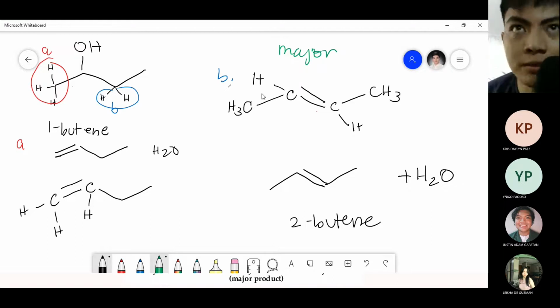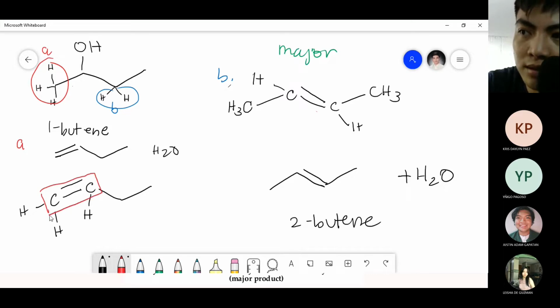Kasi ganito, di ba sabi ko, bilangin mo lang ilang carbons yung nakadugtong sa double bond. Okay? So dito, sa left, ito yung double bond. Ilang carbons nakadugtong dyan? Wala ka dito sa right. Wala ka dito sa left. Sa right, meron isa. So this is a mono substituted alkene.